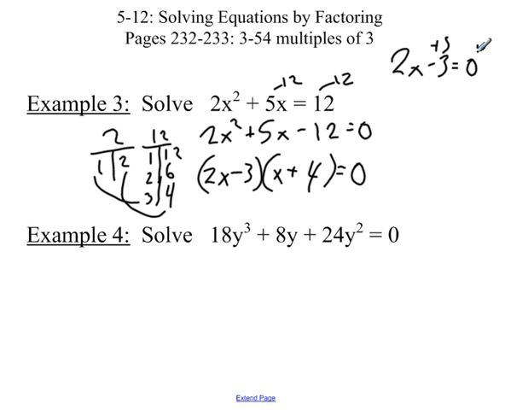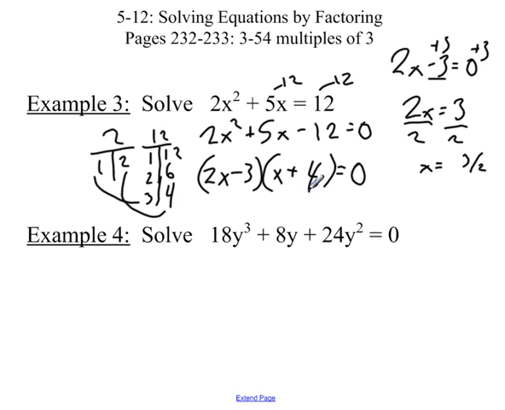When I solve for that, what I get is my constant on my variable side turns into my numerator. Don't forget to make the opposite sign. Then the coefficient of x is going to turn into my denominator. So 3 over 2 is one solution that will make this 0.